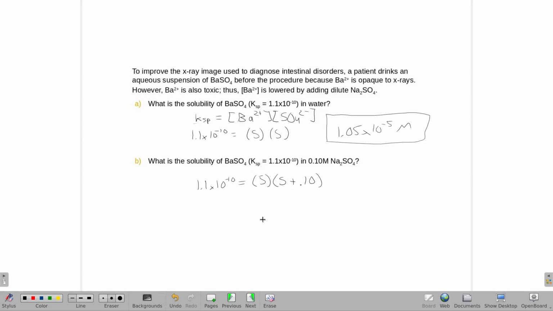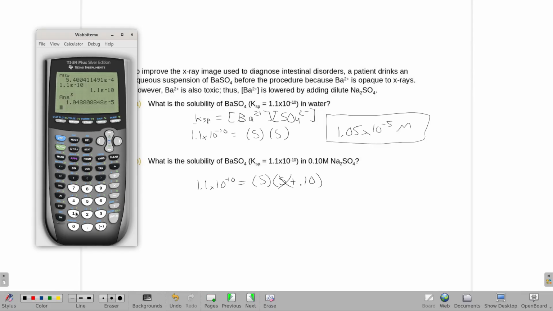That's going to really shift this down. Now this does turn into a polynomial, and yes, it is solvable like this, but we can also assume, since it's a huge number compared to this, that it goes away, because the 0.1 is much, much, much larger. So 1.1 times 10 to the -10th, and then I'll just divide by 0.1. This would be my, oops, I didn't put the 1 in there, did I?